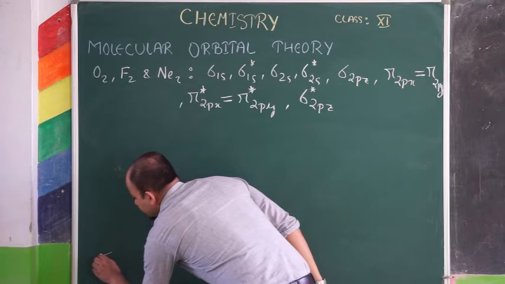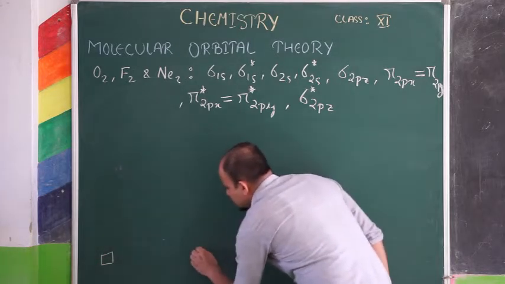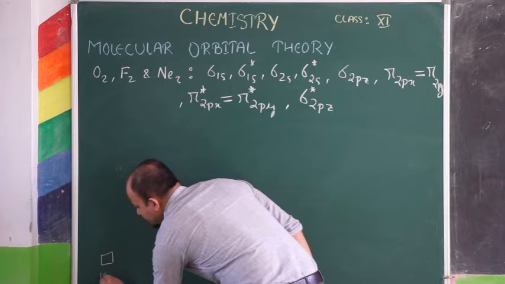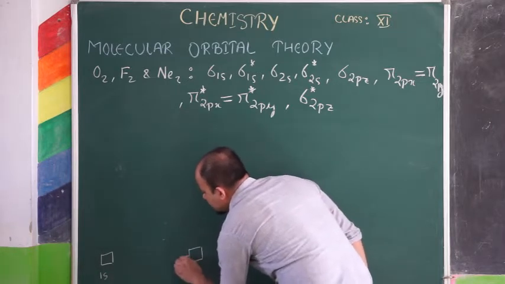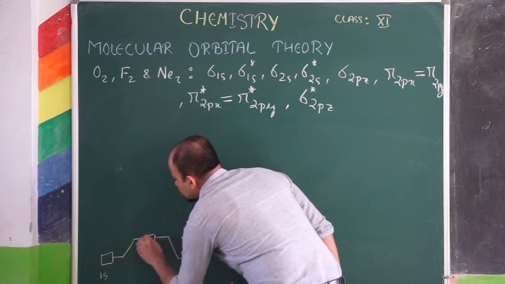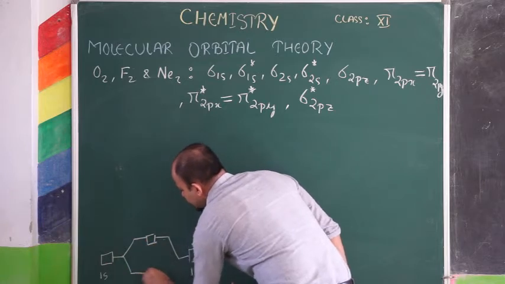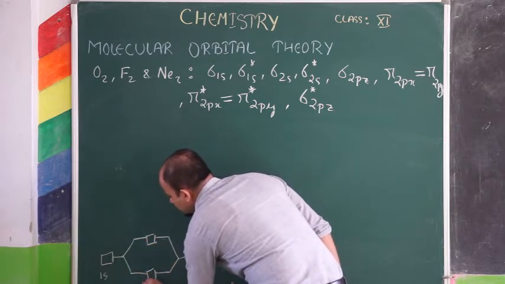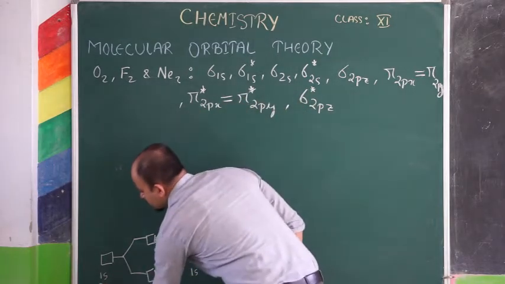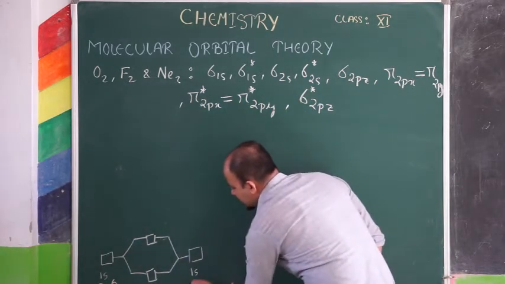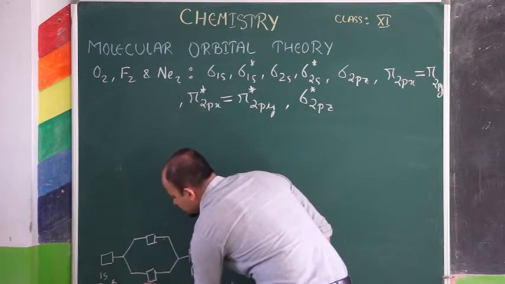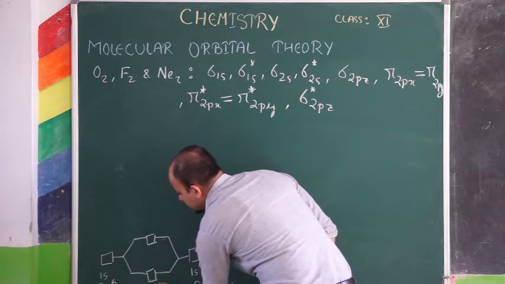So whenever you have atomic orbitals, you have to take two atomic orbitals. Okay, so this is 1s, this is 1s. Now whenever they combine to form molecular orbitals, one will have higher energy, the other one will have lower energy. Okay, so these are atomic orbitals, these are also atomic orbitals, and this in between is the molecular orbitals.